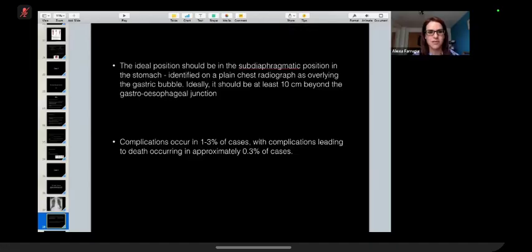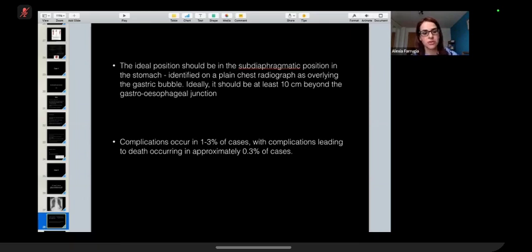Okay. So the ideal position for the tip of the NG tube should be in the subdiaphragmatic position, typically overlying the gastric bubble. In this case, it's a bit more challenging because of previous surgery, but it should be at least 10 centimeters beyond the gastroesophageal junction.